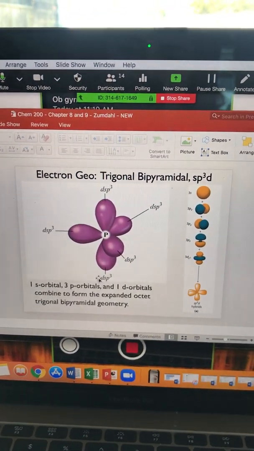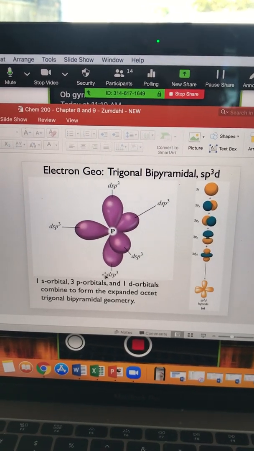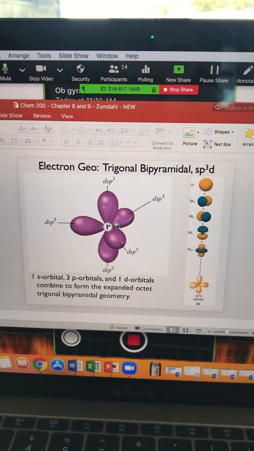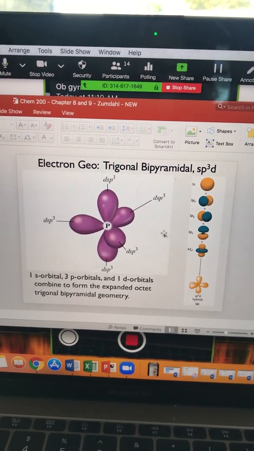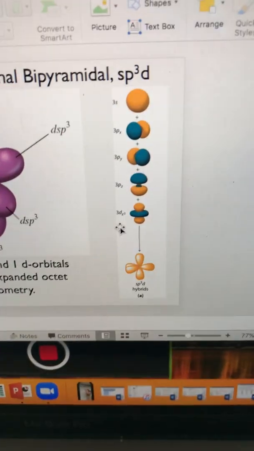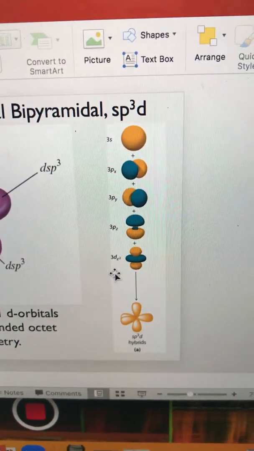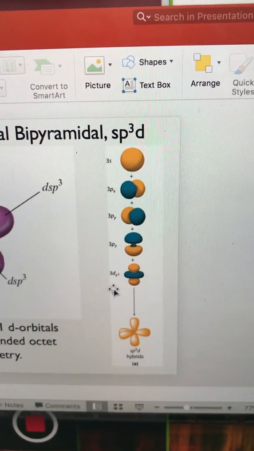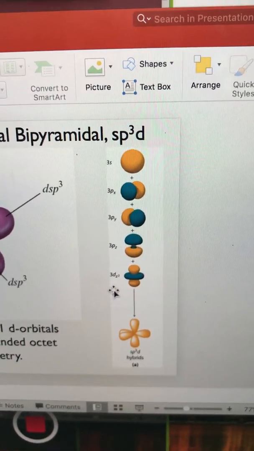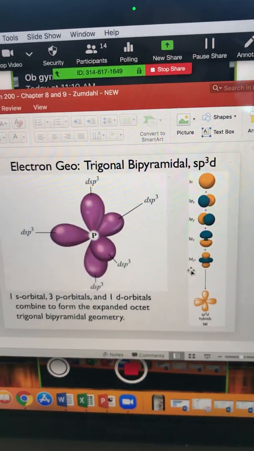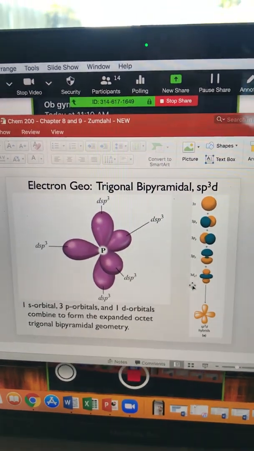So then the question that you were asking originally is, where do we get the d orbitals that we use for hybridization? The first d orbital that we use is the dz squared, which has an axial component that can be used to hybridize in the sp3d.